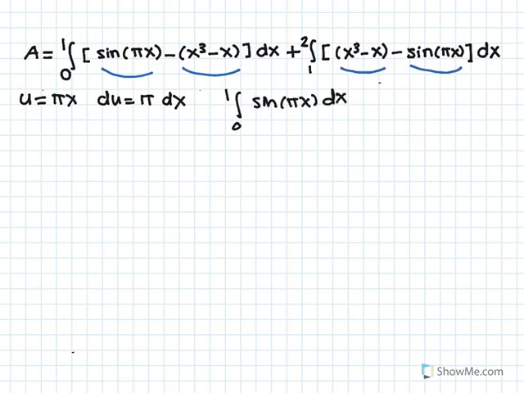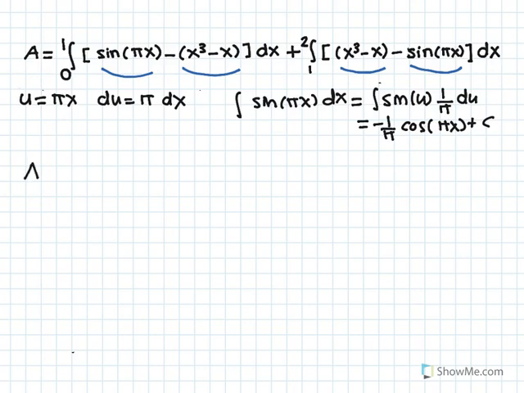Let me find the general antiderivative without the limits, just so we have the antiderivative. So that's going to be the integral of sine of u, and dx is 1 over pi du. When we integrate this, we get negative 1 over pi cosine of u, and u is pi x, plus c. So that's the antiderivative.